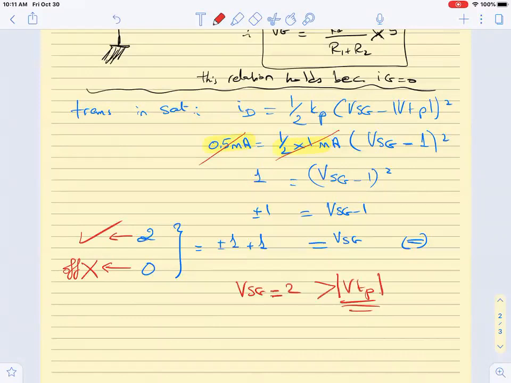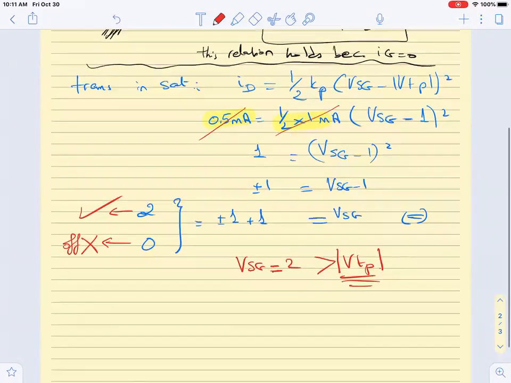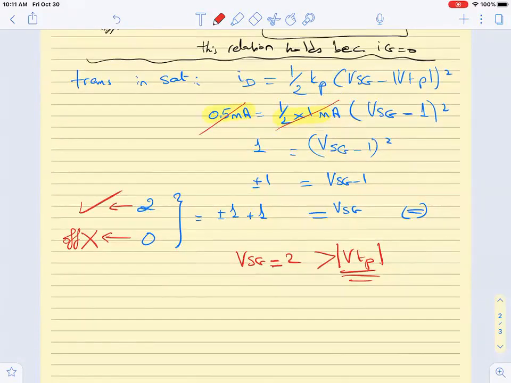Okay? Now that we know which solution we picked, we can do a sanity check. VSG minus the magnitude of VTP was equal to 2 minus 1, which is equal to 1.